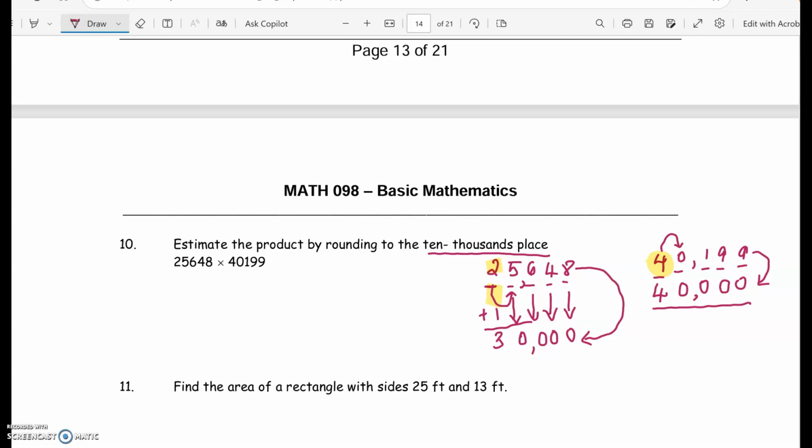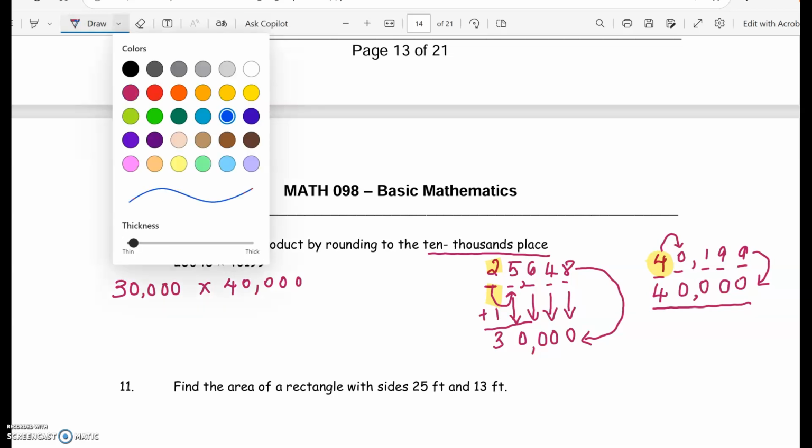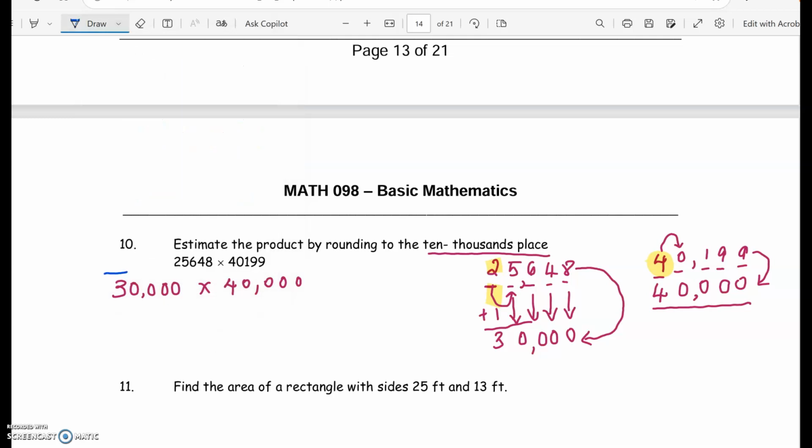Next, we multiply the two. When we multiply 30,000 with 40,000, the numbers are large, but the multiplication is easy because all we do is multiply the non-zero digits first. 4 times 3 is 12.